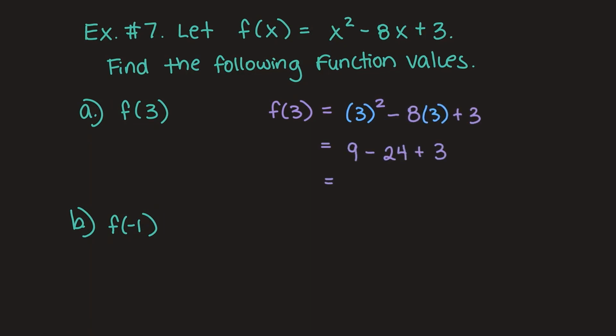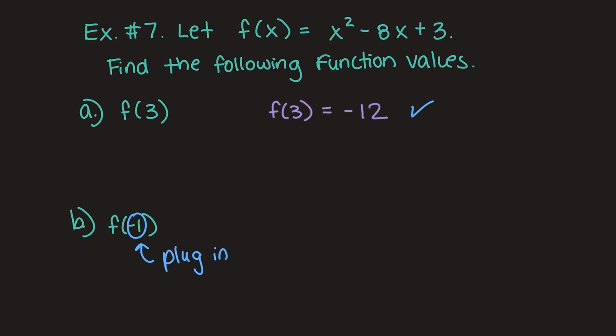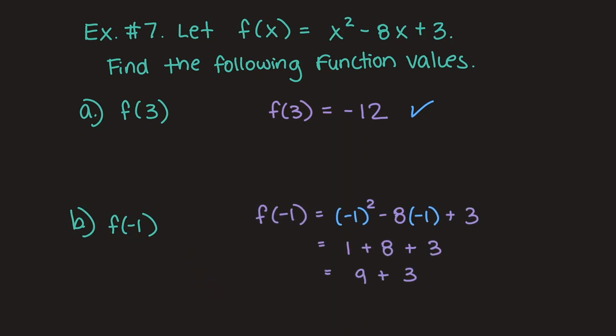Simplify this, and we get -12. Therefore, f of 3 is equal to -12. And for f of -1, we substitute -1 for x of our function. Simplify this, and we get 12. Therefore, f of -1 is equal to 12.